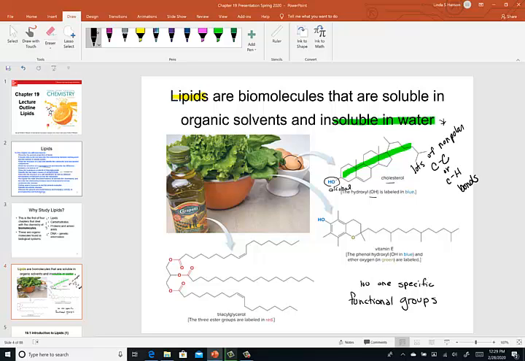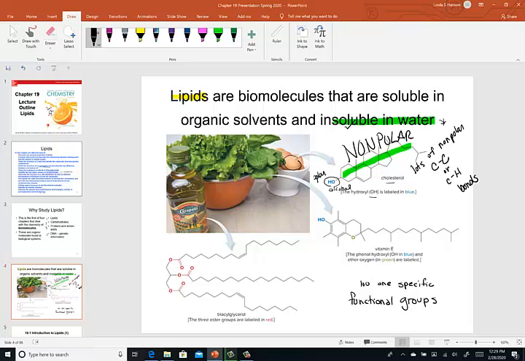That is really the nonpolar region. So you have this really tiny area of a polar OH group, but a very large nonpolar region, making it insoluble in water. That's how we'll learn to define a fat.